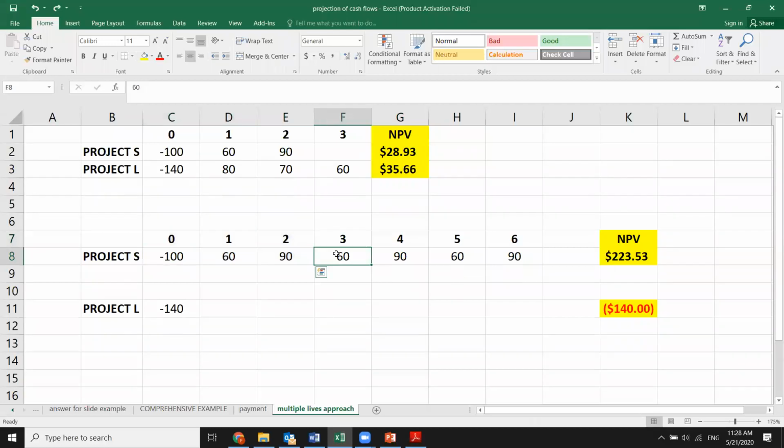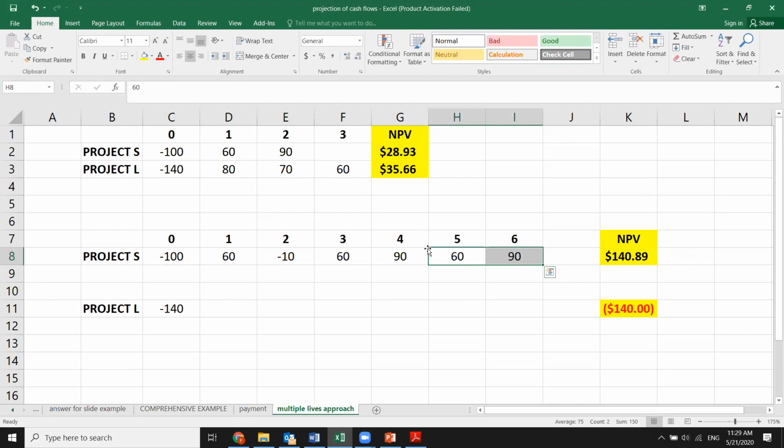But here, from 1 to 2, but we have here some 0 years. Okay, we are assuming this is year 0. And we need to put minus 100 plus 90. Okay, this minus 100 is the investment cost for the restarted project. Minus 10. And then we proceed the same way.